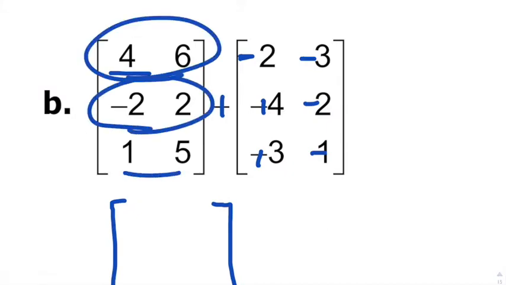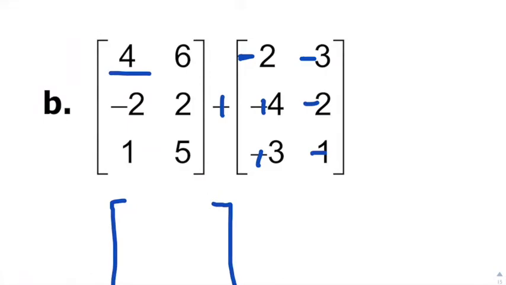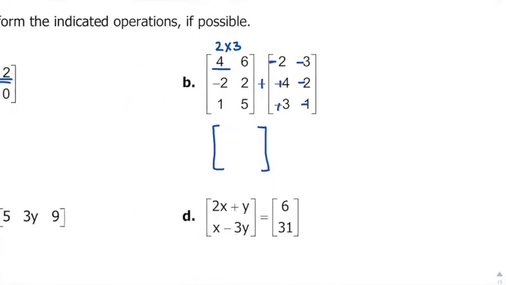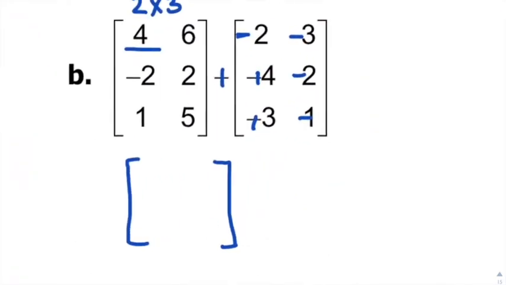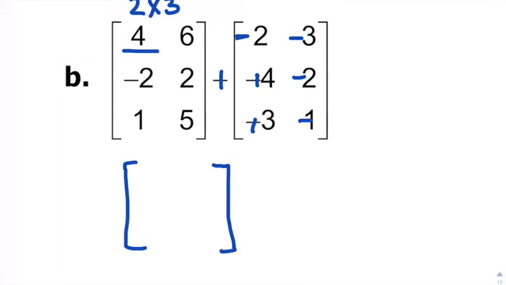So you have 2 rows and 3 columns going on there. These are both 2 by 3s. So 4 minus 2, or 4 plus -2 if you kept it the same, should be 2 regardless. You have 6 and -3, so that was 3.